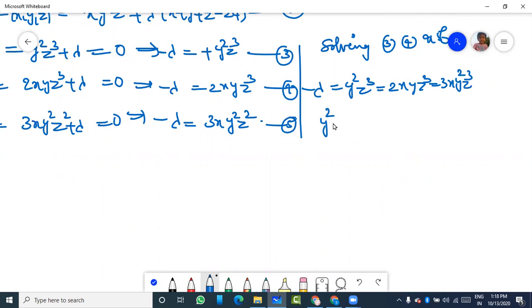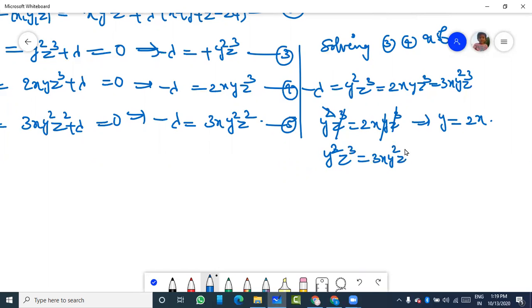Here, equate y square z cube equal to 2xyz cube. Here z cube cancels, one y cancels. From this, what we are getting? y equal to 2x. Next, equate the first and last. y square z cube equal to 3xy square z square.